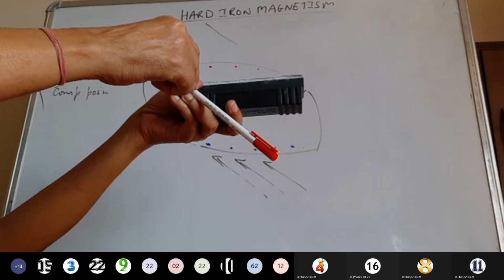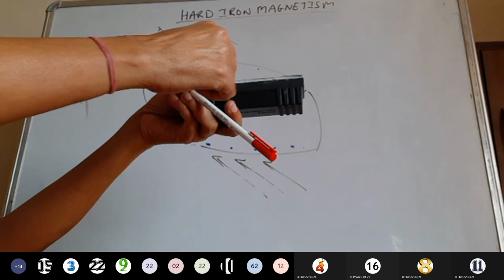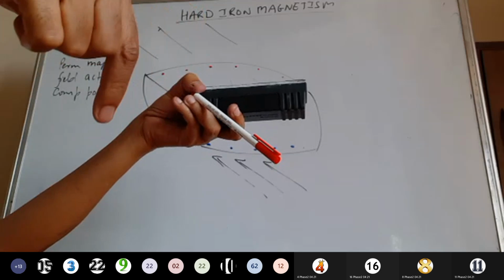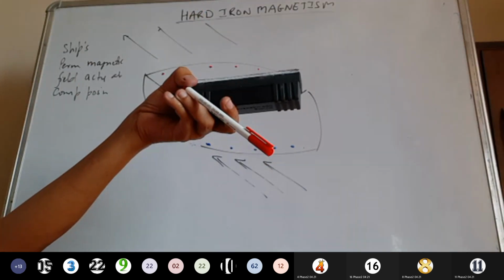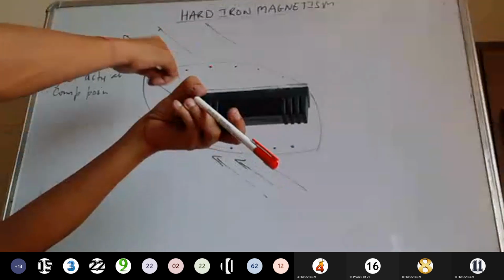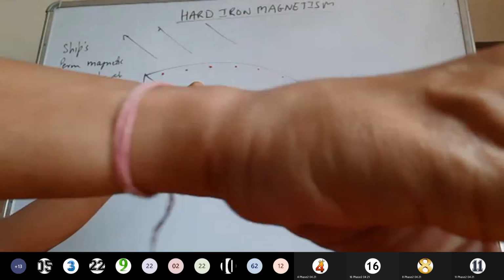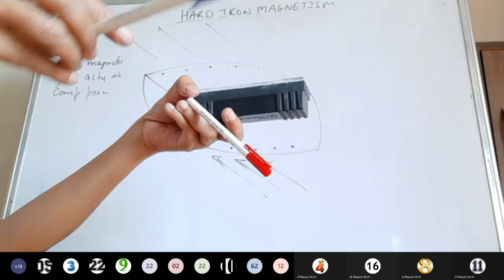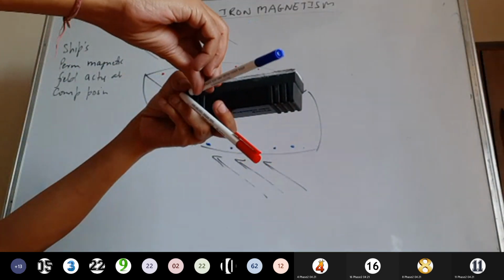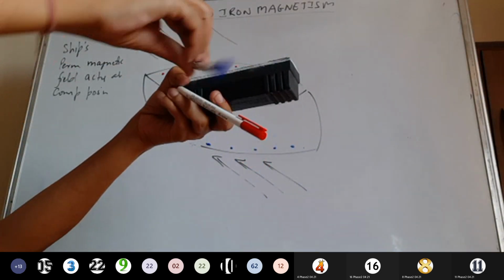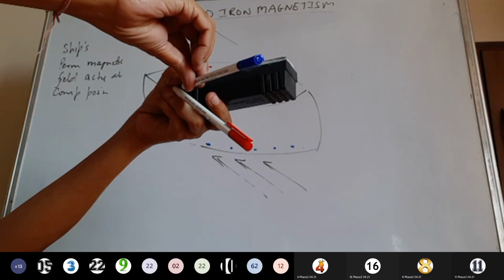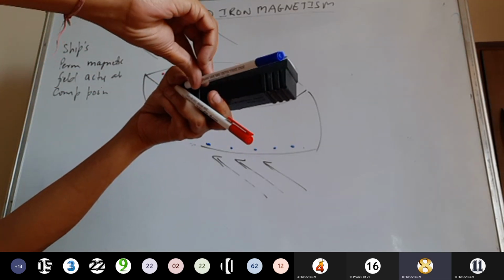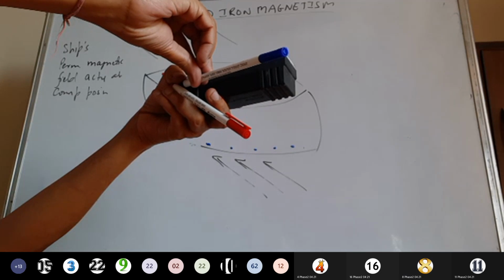At the magnetic compass position, this force is acting. It is not acting in the forward direction or the athwartship direction; it is acting in some other direction. This is the force F that I showed in the diagram. This force can be resolved into a horizontal component like this, and a vertical component like this. Any force can be resolved into two mutually perpendicular directions, one a cosine component and one a sine component.